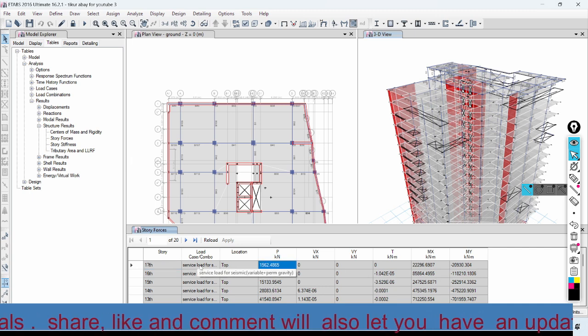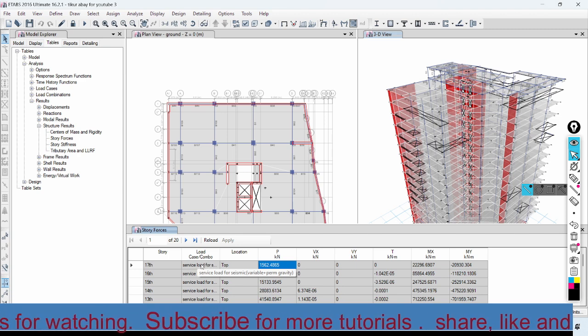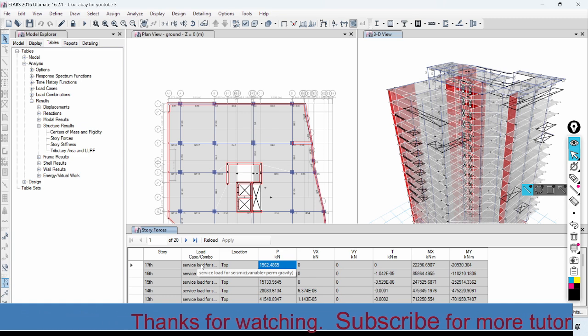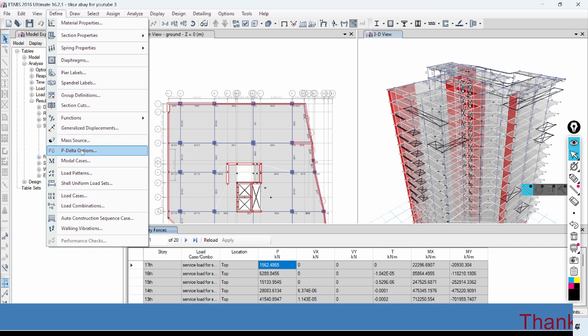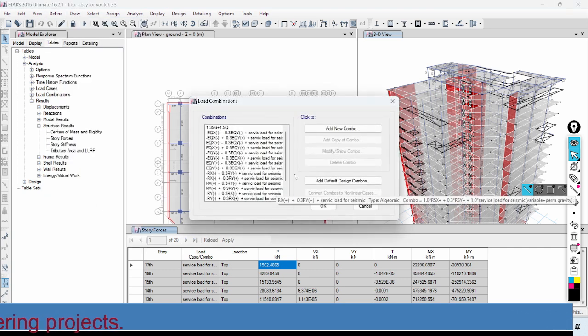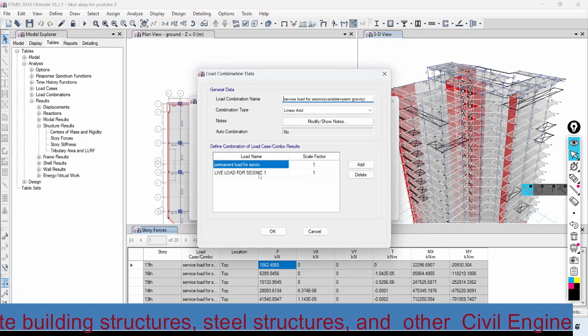Okay, first I need to check the combination of this force because the live load reduction factor has to be applied. Now, just to do this, go to the load combination, go to this one, modify your combination.